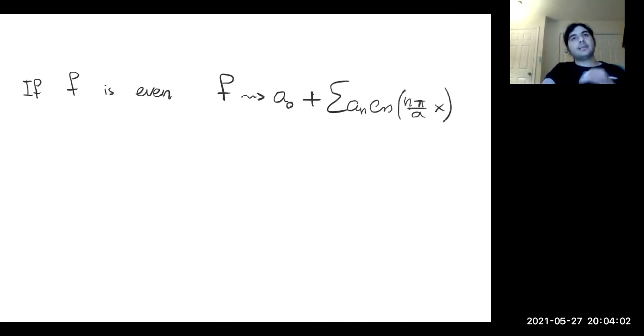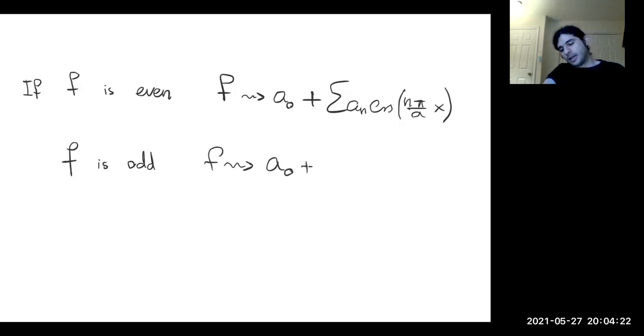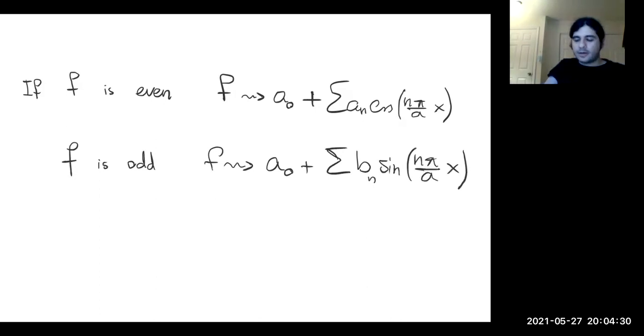There wouldn't be any sine part. Just like we saw in the previous example, when f is even, the integrals for bn all become 0. And if f is an odd function, the Fourier series of f wouldn't have the cosine part. It would have only the sine part. So that's one important property of these functions.